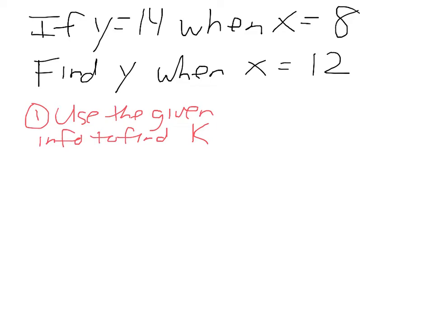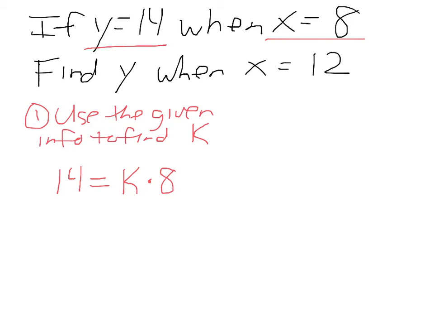Am I given a y and an x that I could use? What am I given? 14 and 8. So I'm going to plug that into my equation of variation: 14 equals k times 8. Right? Does that work? Yeah.